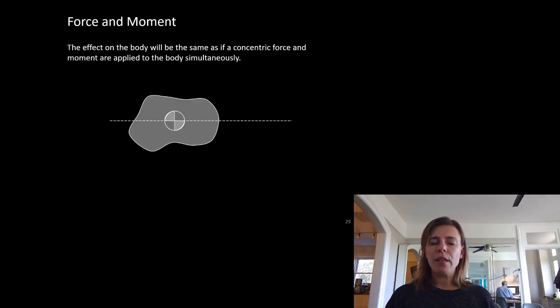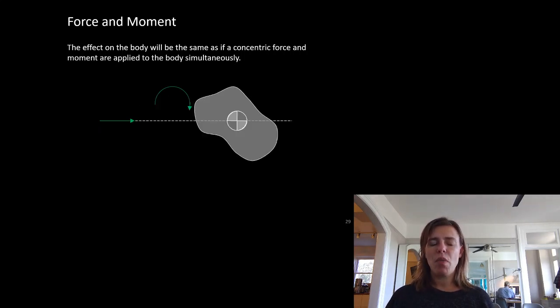Well, is there anything else that could make the object move the same way? We saw that a force could make it translate and a moment could make it rotate. So a force through the centroid and a moment about the centroid could make it do the same thing.